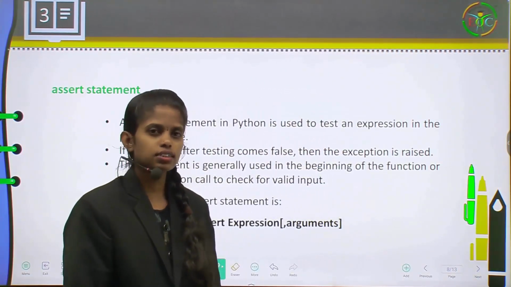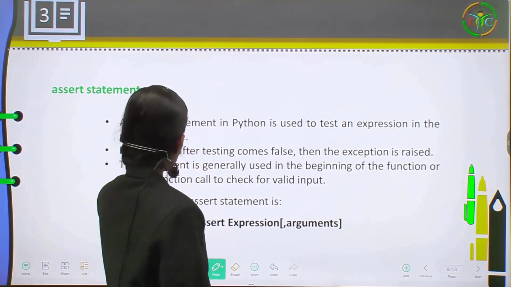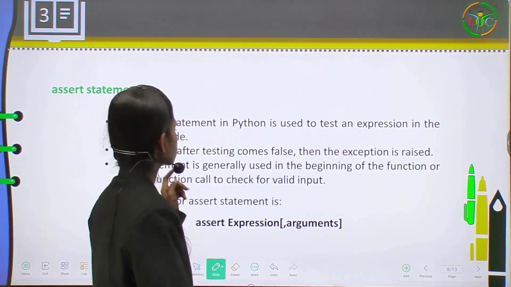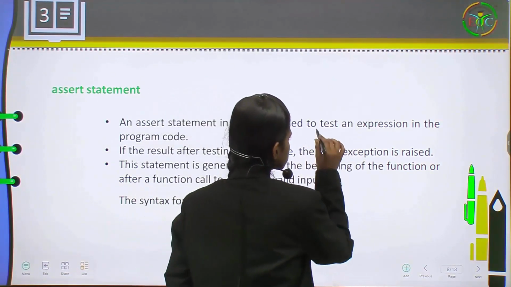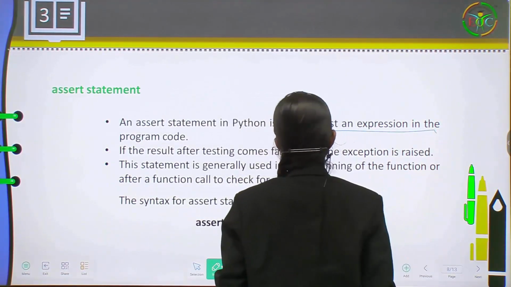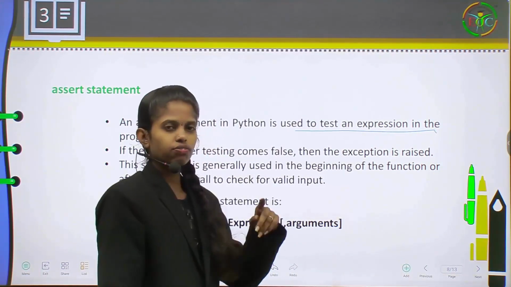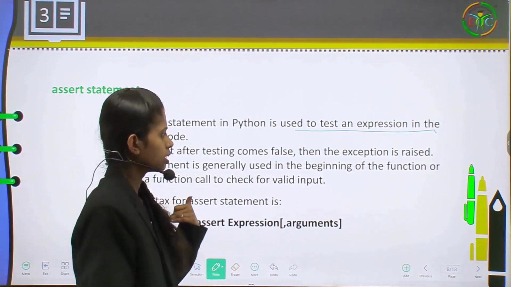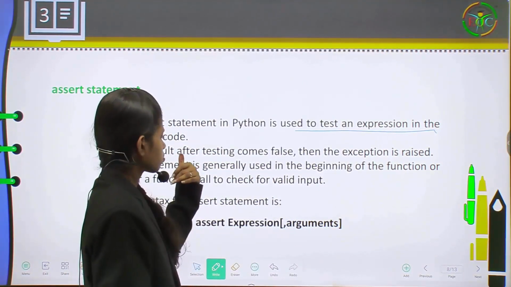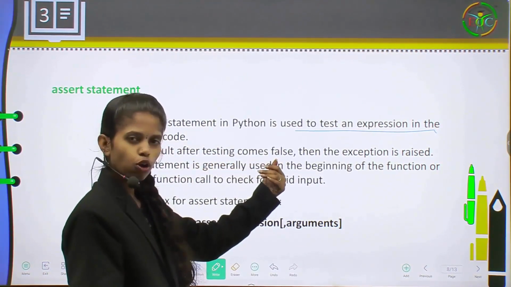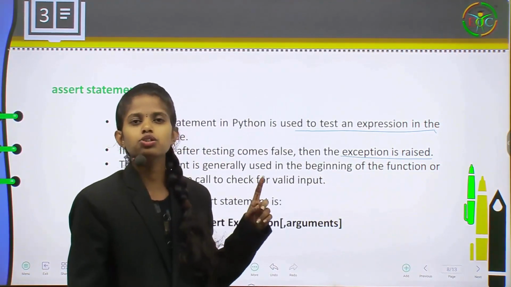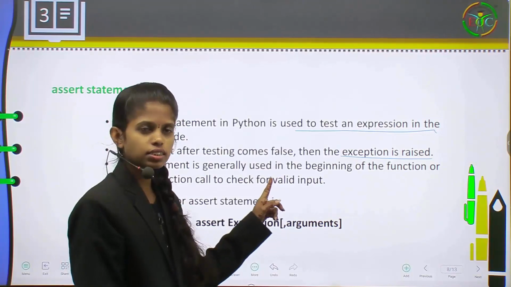Next is the assert statement. The assert statement in Python is used to test an expression in the program. What is the use? Testing an expression in the program. If the condition goes false, then do some statements. If the result after testing comes false, then the exception is raised. When do you say that an exception is raised?